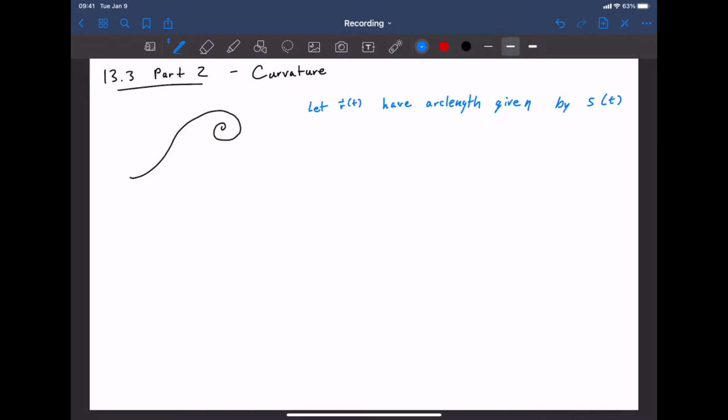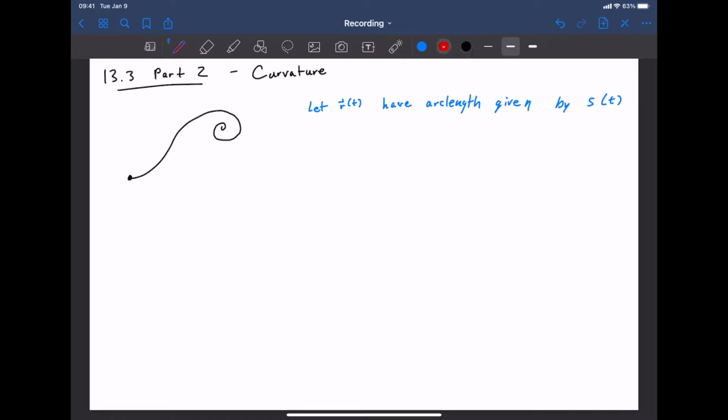So s is measuring the arc length of the function at any point. Like we're saying, starting from here, at t equals 0, we're going to measure how much length we have accumulated on this function. S is not a vector. S is not a vector. I'm not making a mistake here. It's important that s is just going to be a measurement of the length.